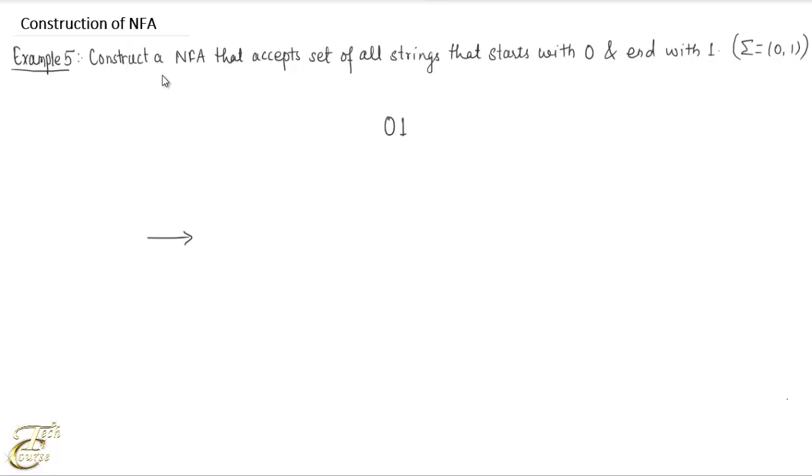Starting with the Q0 state, reading the first 0 symbol in Q0 state leads to the state Q1. Then reading this 1 symbol in Q1 state leads to the state Q2. Since this string belongs to this language and should be accepted, we make this Q2 state an accepting state. Now whatever the symbols come between this 0 and 1 should be accepted.